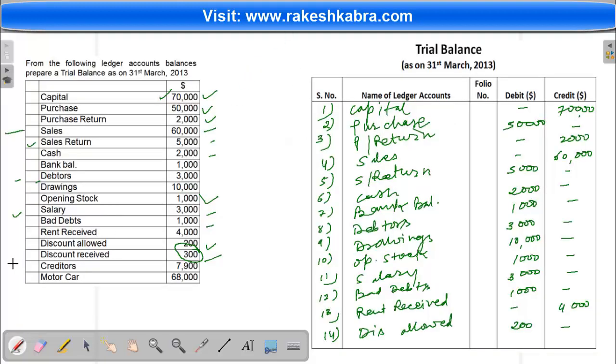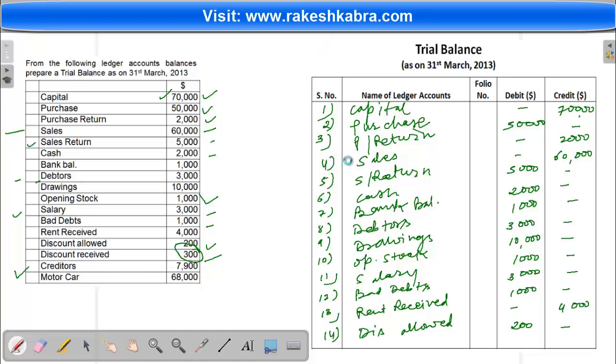Our next account is creditors, and creditors means from whom we purchase the goods on credit basis. They are suppliers actually. And they gave us goods, so credit the giver. They are giving us goods, so credit the giver. How much? 7900.